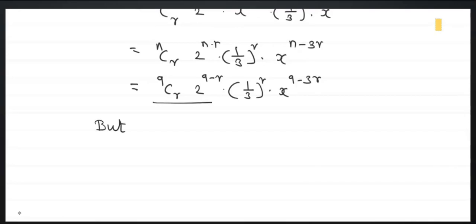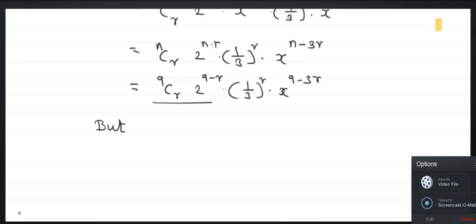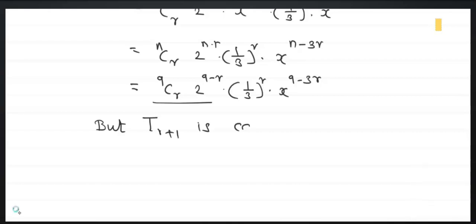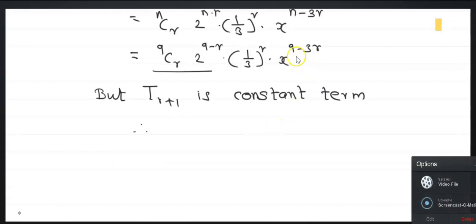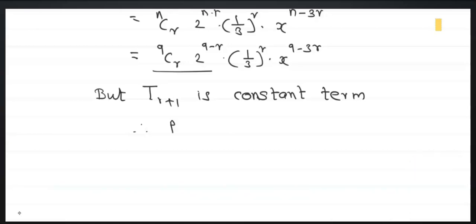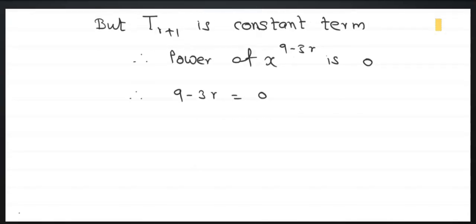But now we want to find the constant term. Therefore, this power of x, that is 9 minus 3r, equals 0. Therefore, we will get the constant term, since x^0 means 1.